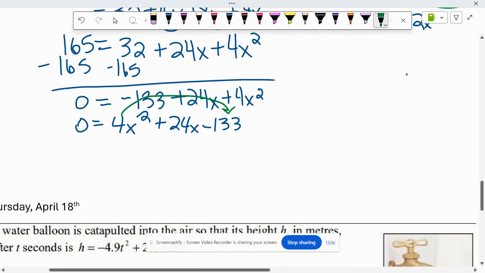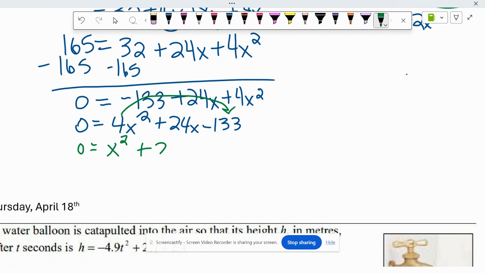So let's see. 4 times 133 is what? 532. So I have x squared plus 24x minus 532.